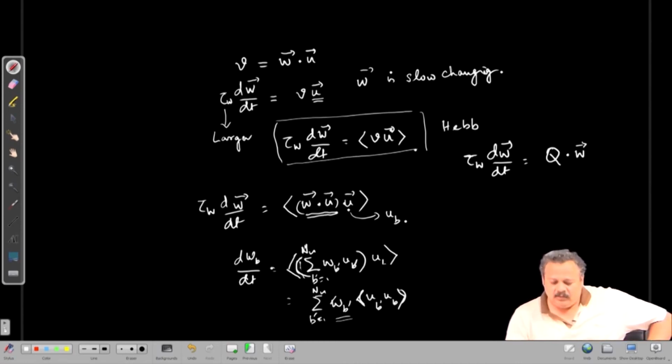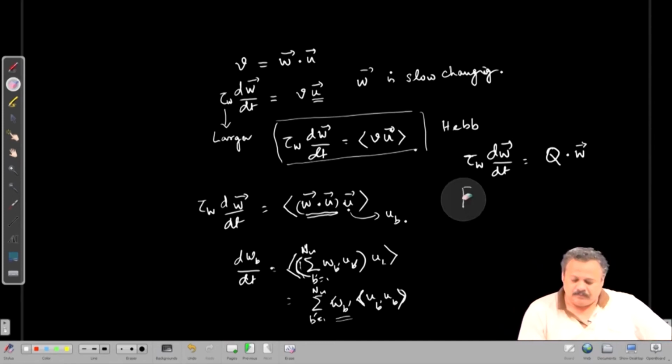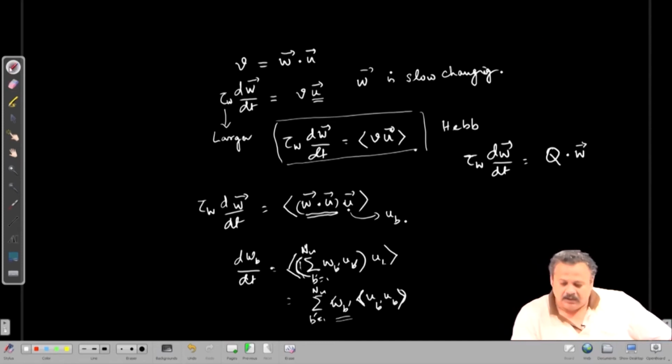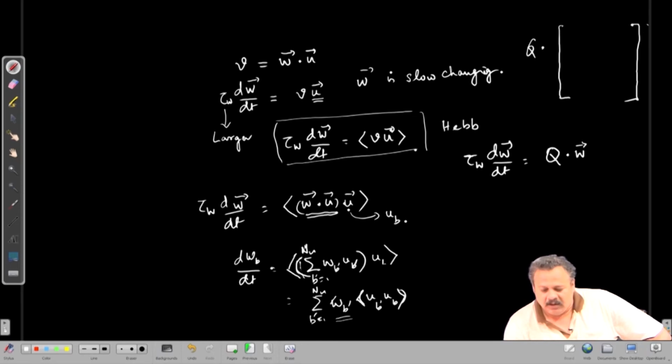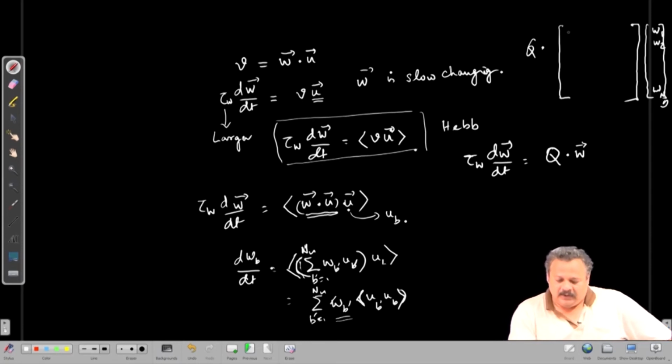So, what do we have in Q? Q is an N_U by N_U square matrix, and we are multiplying this by W. So, we have W_1, W_2 up to W_N_U, and here we have average of U_1 U_1 and so on.